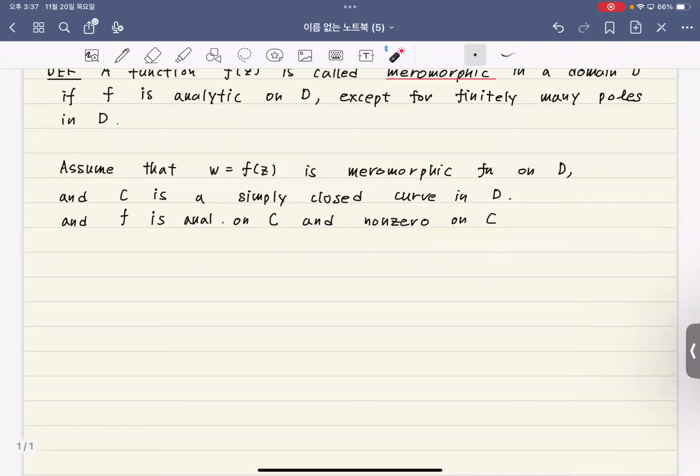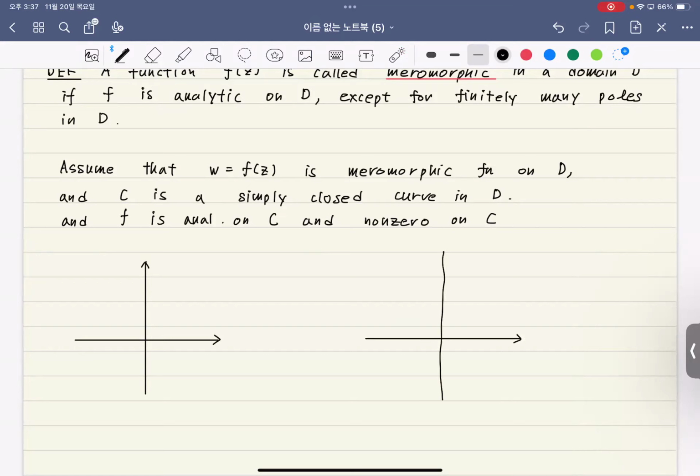Now I want to introduce the notion of the winding number. So I have a function f, and this time I'm going to consider it as a function from a two-dimensional space to another two-dimensional space.